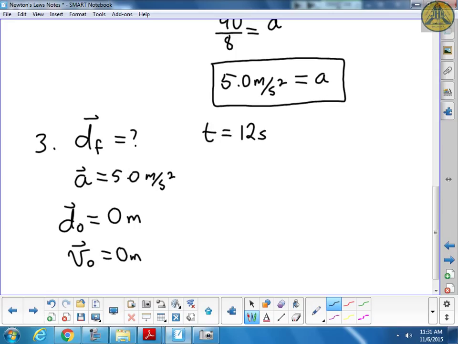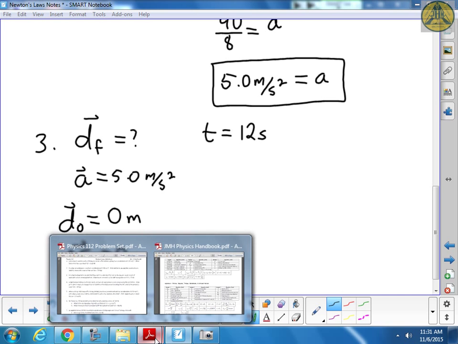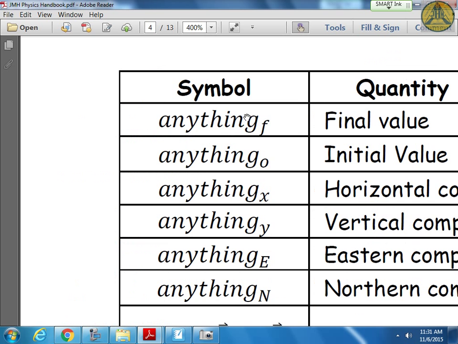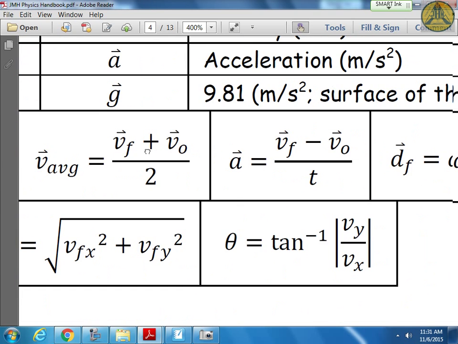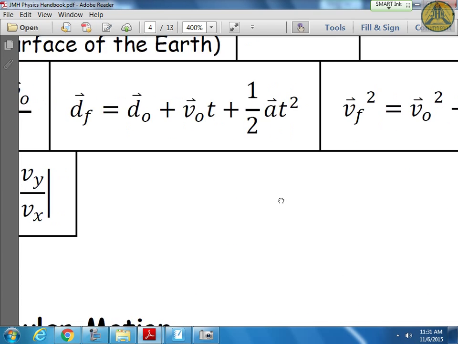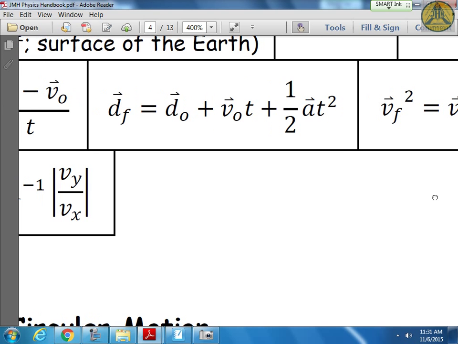And this one over here has final position in it, and maybe fewer variables to work with, but the equation we're looking at here has final velocity in it. We do not have final velocity, right? So that's not going to work well for us. So what we are going to do is use this one, right? Final position is the initial position plus the initial velocity multiplied by the time plus half at squared. That equation becomes quite a bit simplified when we start putting in these variables that are 0.